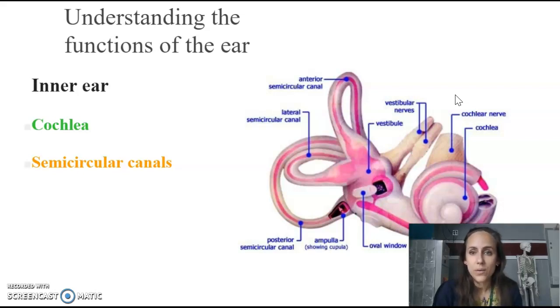Does anybody know what lobe, what part of the brain processes coordination of movement? Yeah, the cerebellum in the back.